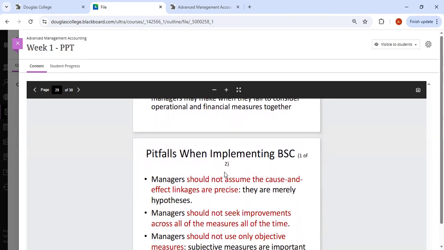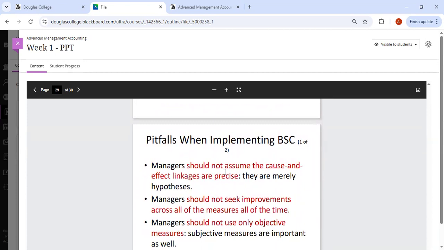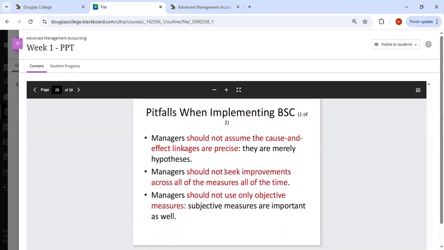Then we're going to the drawbacks of the balanced scorecard, which in this case are pitfalls. Now, we cannot just assume that the cause and effect linkage is precise. Yes, we can anticipate it, but sometimes it just doesn't work that way. It's more like a hypothesis: if this happens, then that is what we expect to happen.